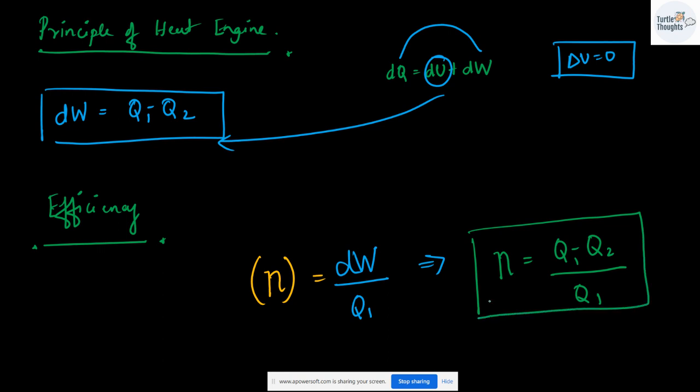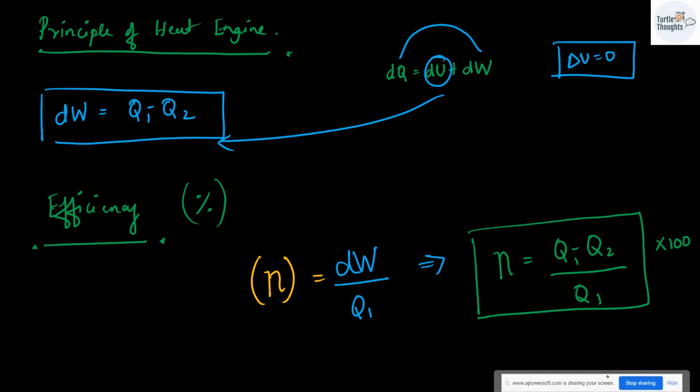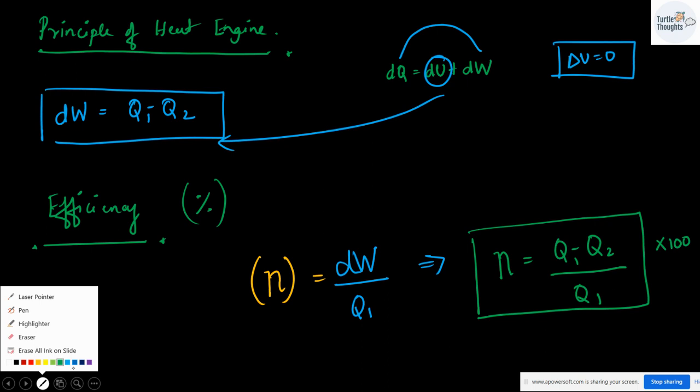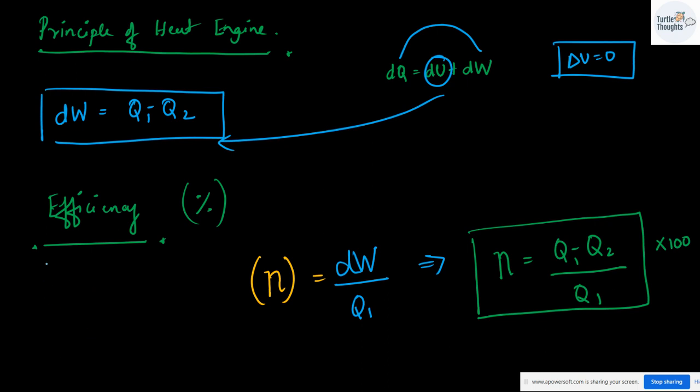This is going to be your efficiency. And of course, you have to multiply this by 100 in order to get your efficiency in percentage. So efficiency is always represented in percentage. It is given by dW divided by Q1, which can be written as Q1 minus Q2 divided by Q1. Let me write the definition as well.